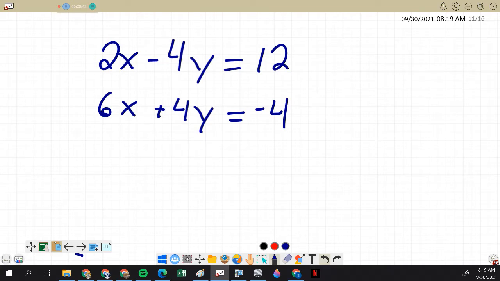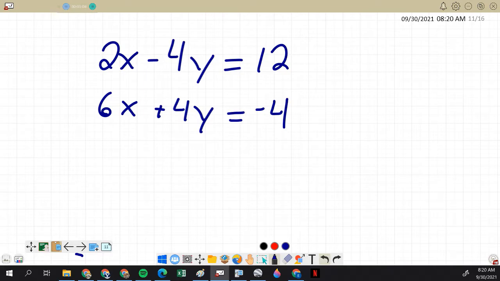They're set up in equations, and each equation is a sort of balance. There's just as much weight on the left side as there is on the right side. We don't know what x and y are, but the top equation has 12 pounds on the right and on the left, and then the bottom equation has -4 pounds on the right and the left, which is a little bit weird.